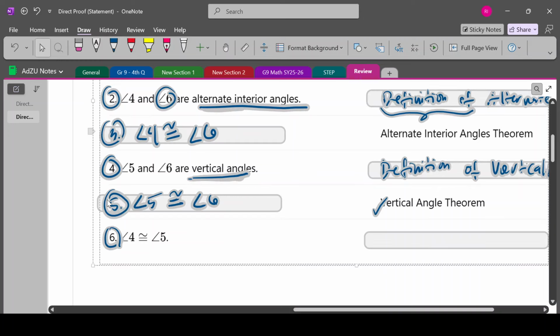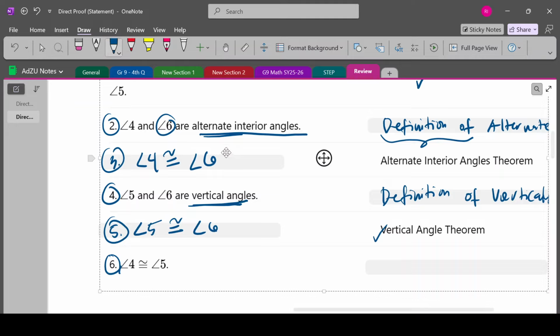Sir, paano yun? So it's like this, no? From the statement na 4 and 5, ito na lang, okay? 3 and 5.